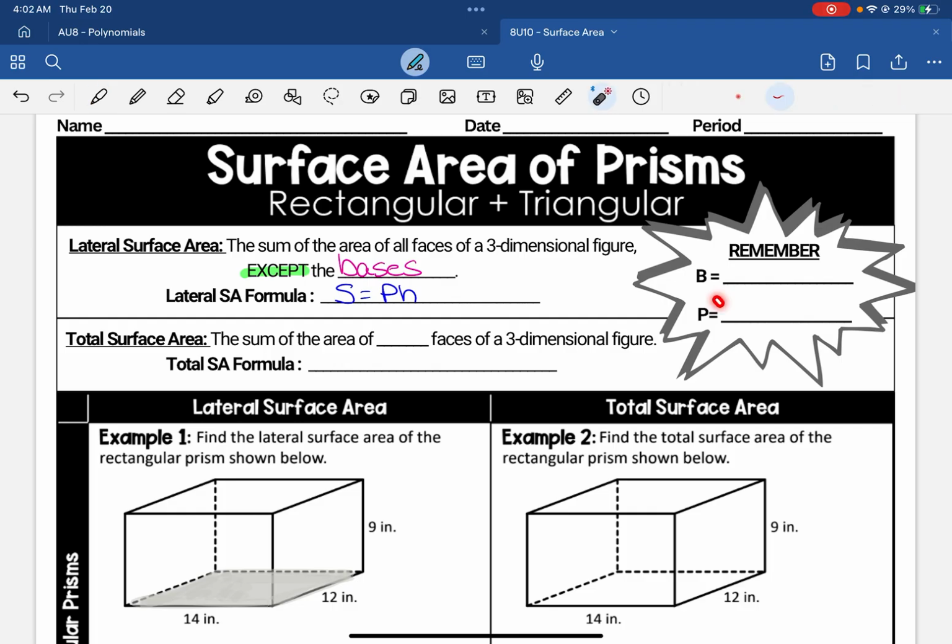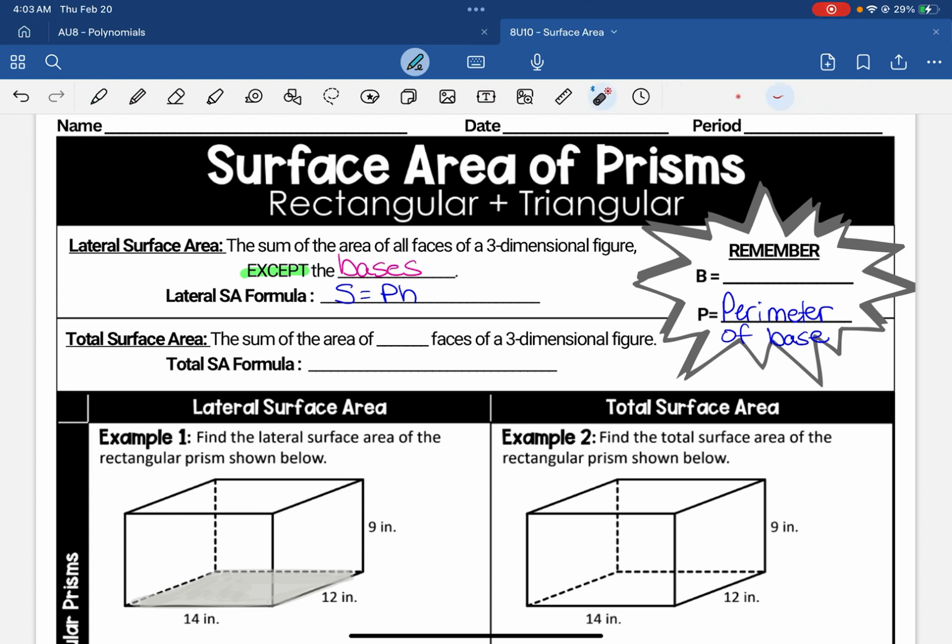And just to remember, capital P stands for perimeter of the base. So we will be calculating the perimeter of that base shape. Now, H is the height of your prism.